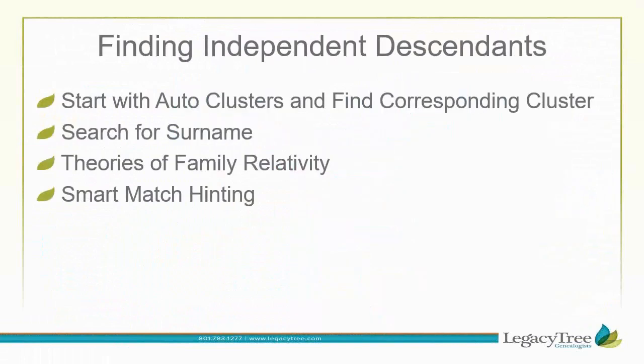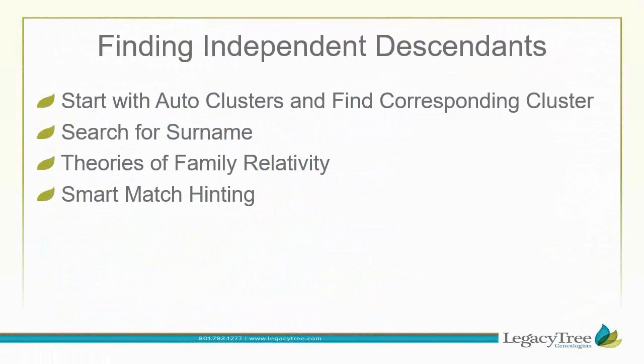So the first step that I wanted to take in this case with this test taker's results at MyHeritage was to find independent descendants of Peter Rank and Anne Lemon, other individuals who descended from Anne Lemon through other children besides the child through whom our primary test taker descended.